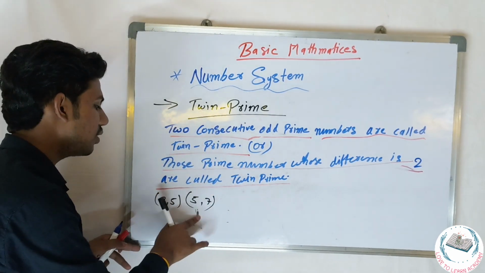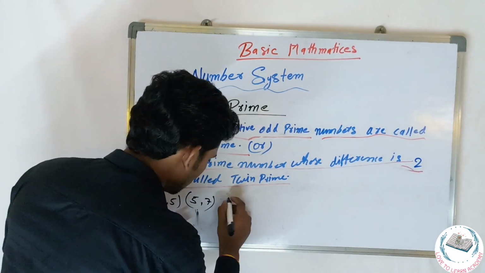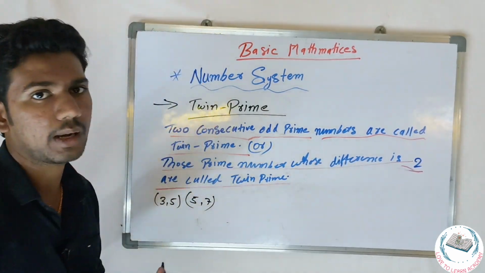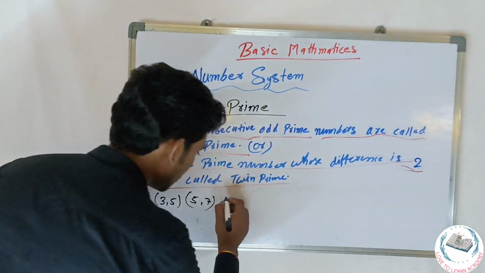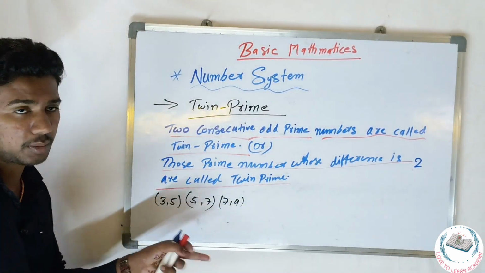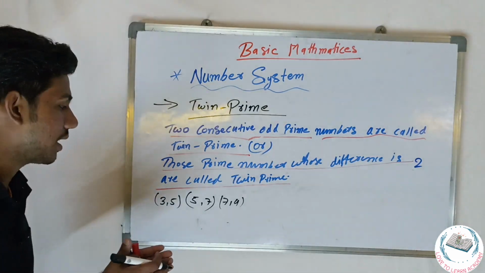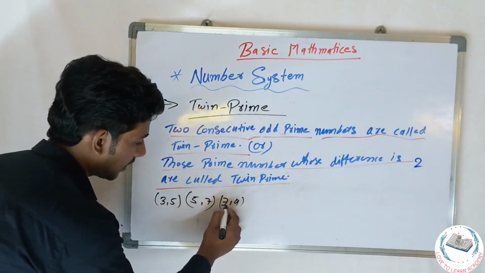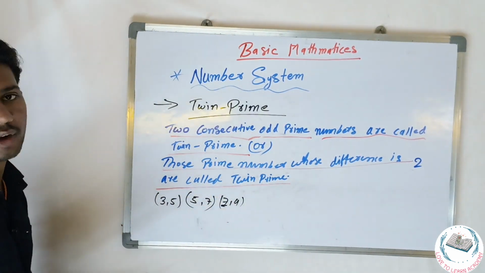Twin prime numbers: you can't say that 7 and 9 are twin primes. Can you say that 7 and 9 are twin primes? I say no, because 7 is a prime number but 9 is not a prime number.